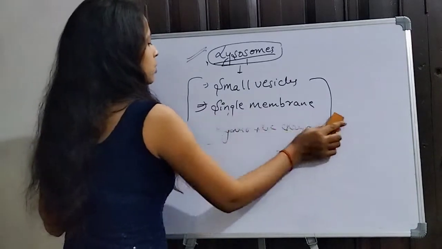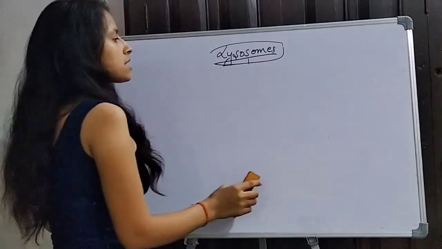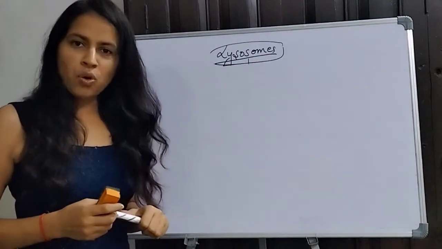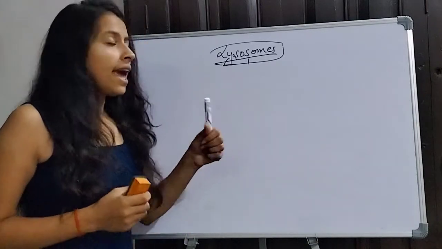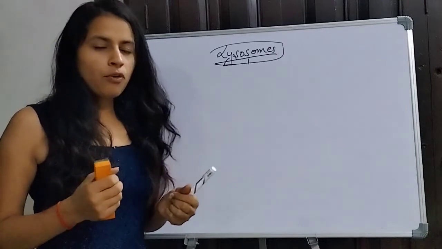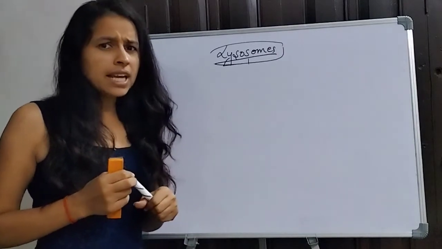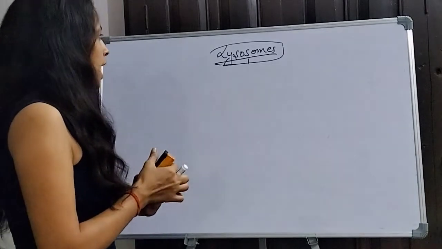Okay, this is the definition of lysosomes, and secondly, we study the discovery of lysosomes. The discovery of lysosomes was made by a Belgian scientist, accidentally, when they performed a fractionation technique. The fractionation technique, guys, is not in your syllabus, but I can explain it a little bit.